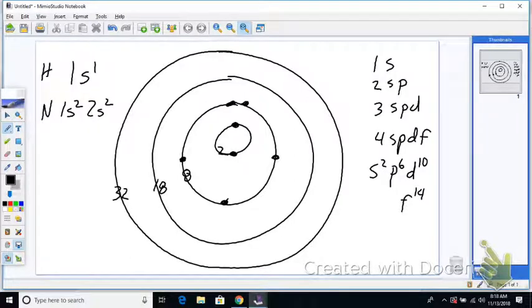In every level, S's are filled first. We get to the third level, they're filled first. We go to the fourth level, they're filled first. Then it becomes P, and then D, and so on. As you count across, lithium, beryllium, and now you're over into P's. Boron, carbon, nitrogen. There's 3 of them. So then you would say 2p3.